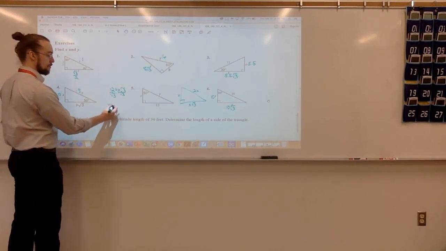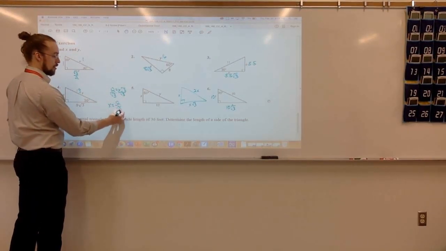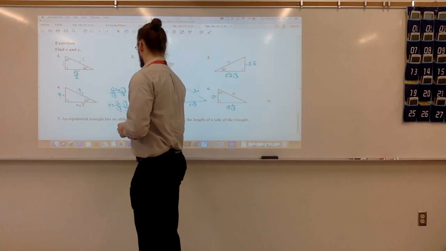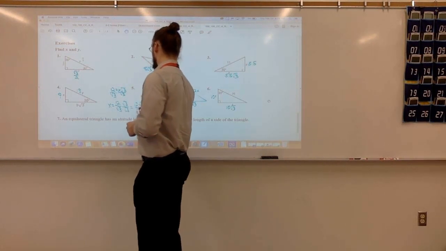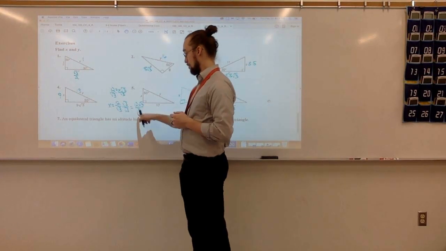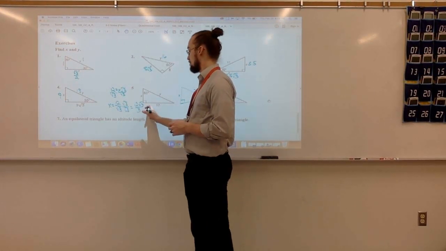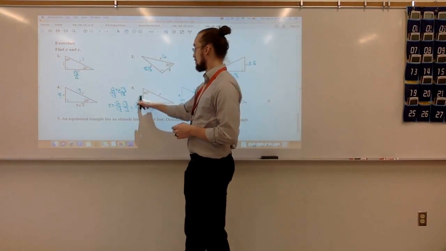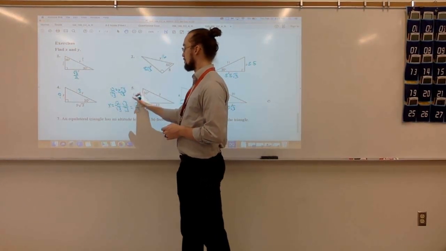Multiply top and bottom by the square root of 3. We get 12 times the square root of 3 over 3. Then 12 divided by 3 is just 4, so this side ends up being 4 times the square root of 3.